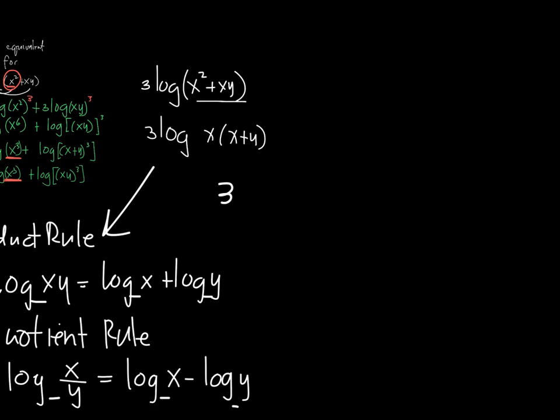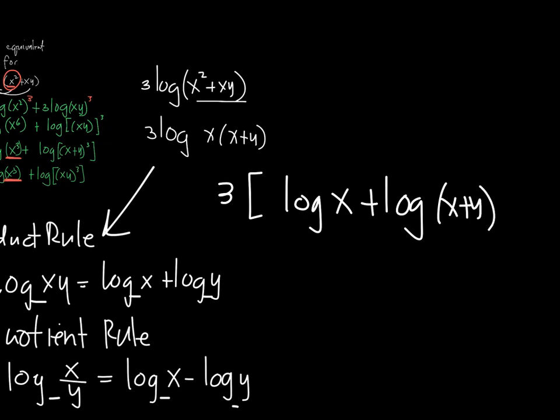So keep the 3 outside, then apply the product rule. You have 3 times log x plus log of x plus y. And this 3 is for both the log x and log x plus y.